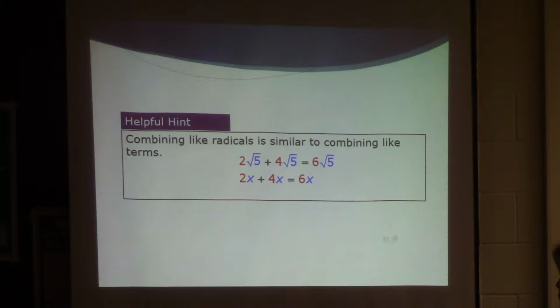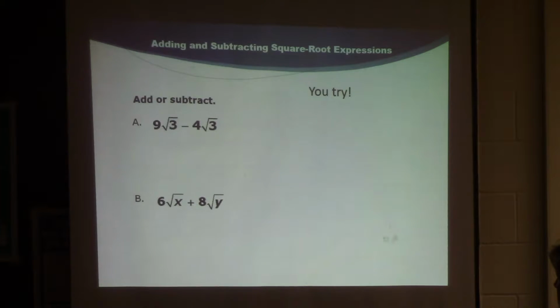So combining radicals is similar to combining like terms. So I'm going to have you try these two really quick. Do my indexes match? Yes. So A is going to be what?